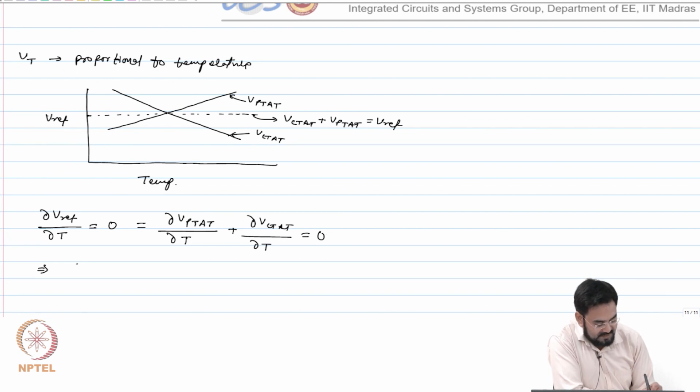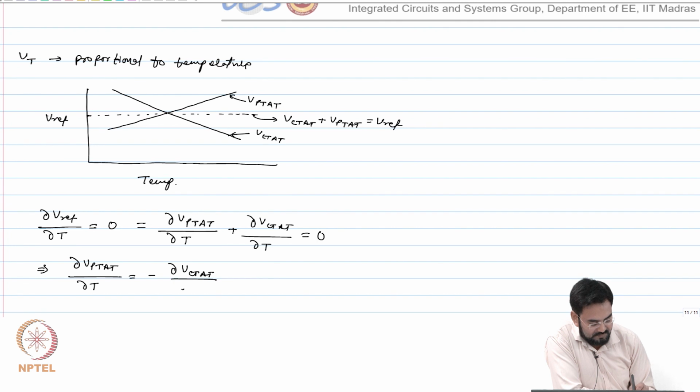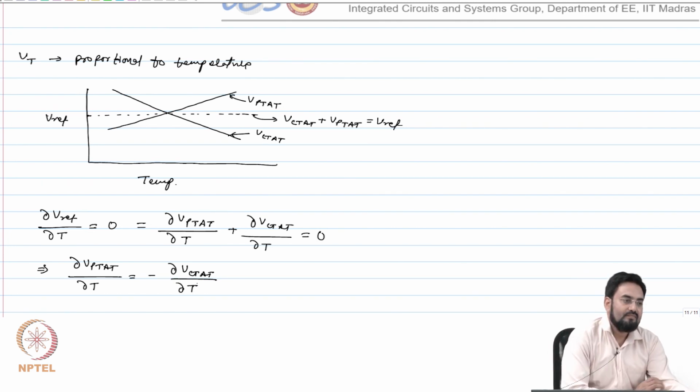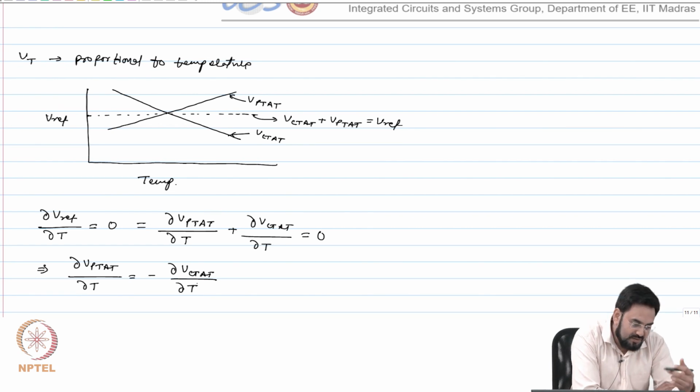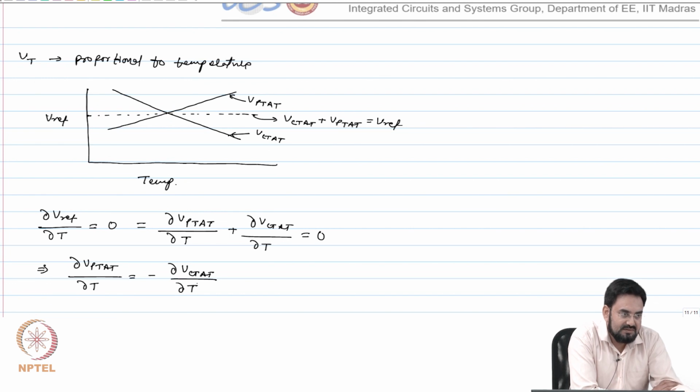This implies the slope of VPTAT should be exactly opposite to VCTAT, and you already know that this VT has 86 microvolt per kelvin.